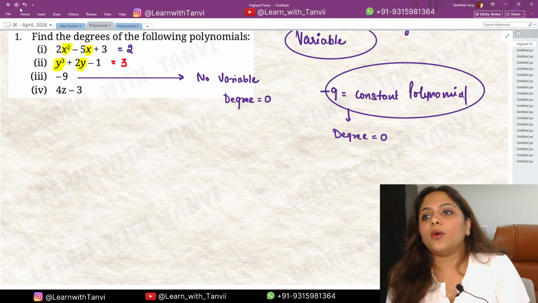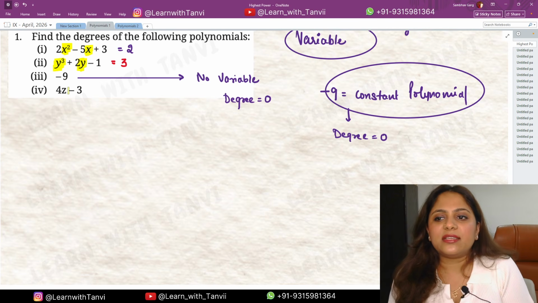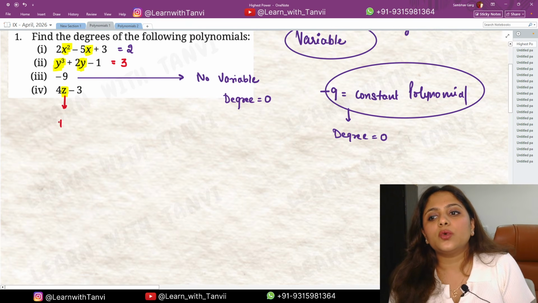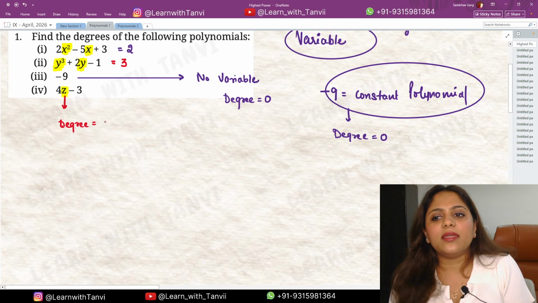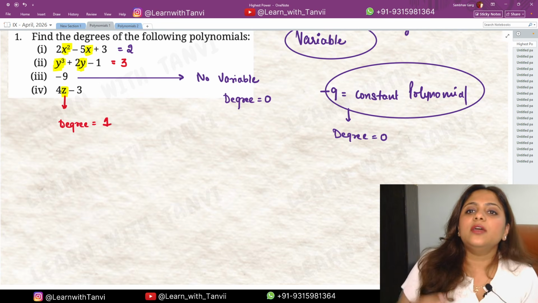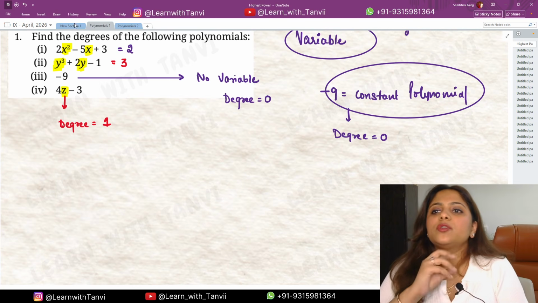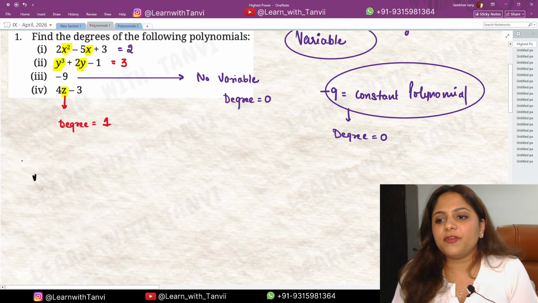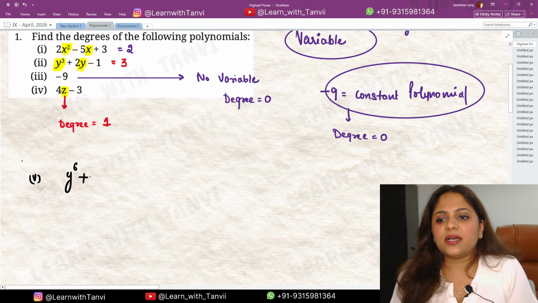ठीक है. Now here 4z minus 3, the variable is z and the highest power is nothing, so I will treat it as 1. So the degree is 1 here. Fine everyone. So make sure, let's suppose I write in the fifth part y power 6 plus x power 3 minus 3 power 9.